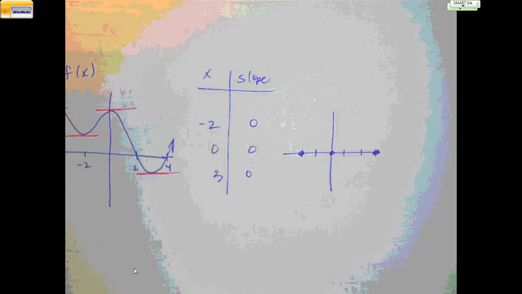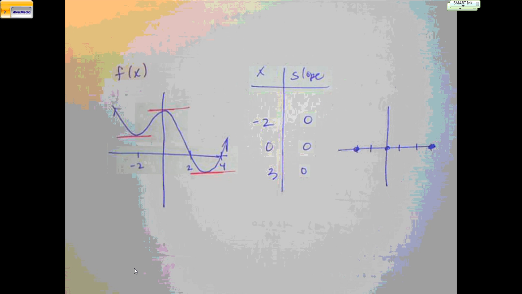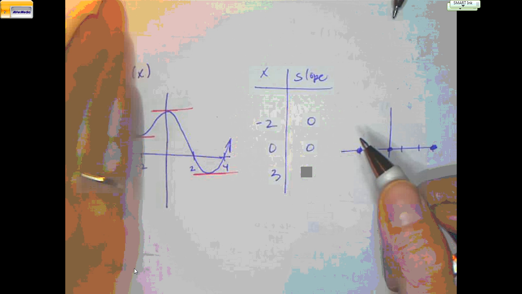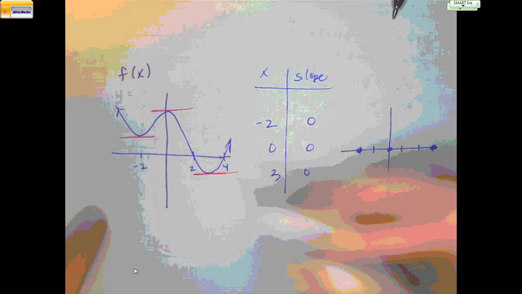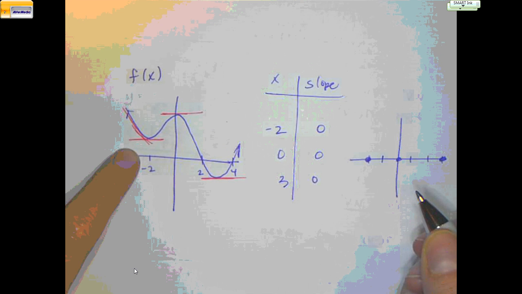Yes, ma'am? X-axis, yes. Correct. Alrighty, so then we say, okay, left of negative 2. Are these slopes positive or negative, those tangent ones? Negative, right?